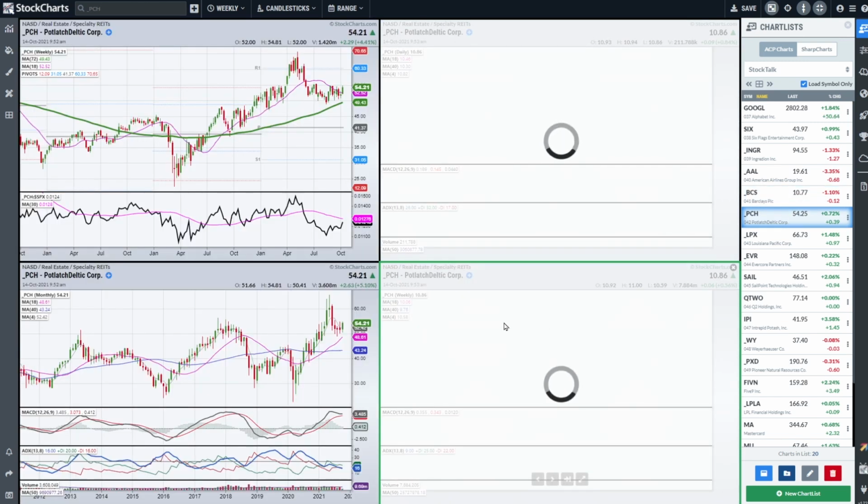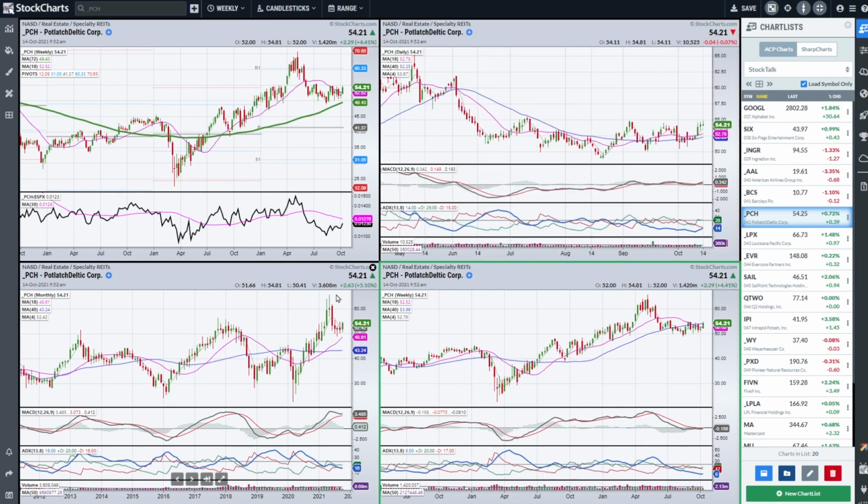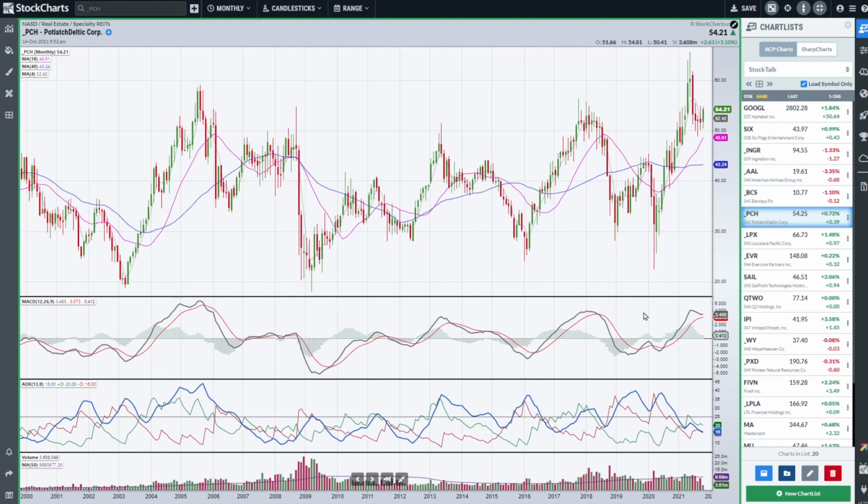Let's look at PCH. So strong move to the upside on the monthly chart. It didn't really register on an ADX basis, and more discouraging for me is that it didn't really register on a DI basis.